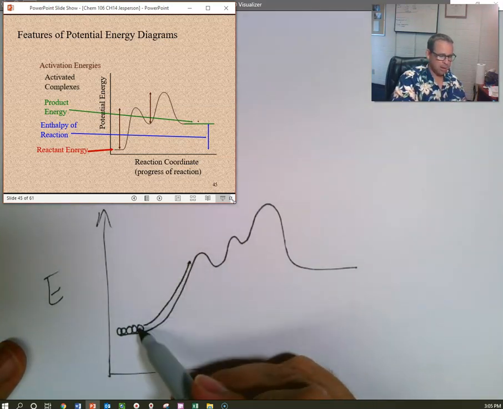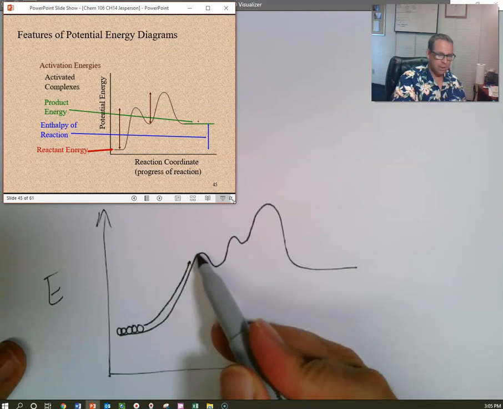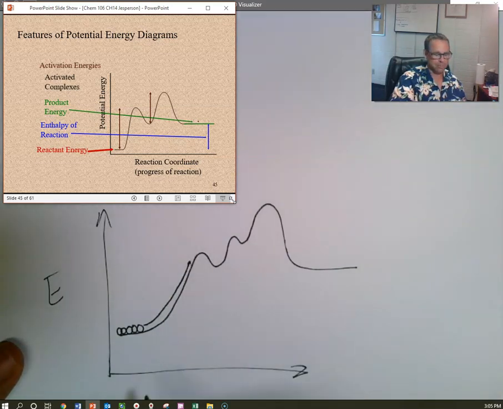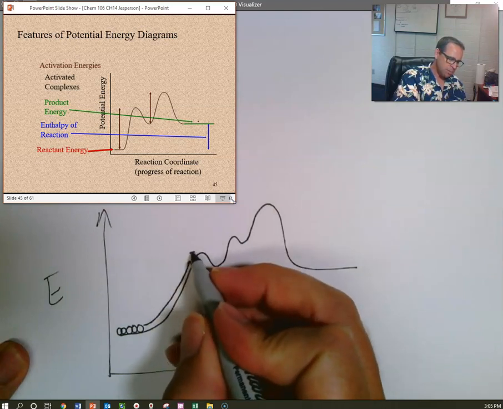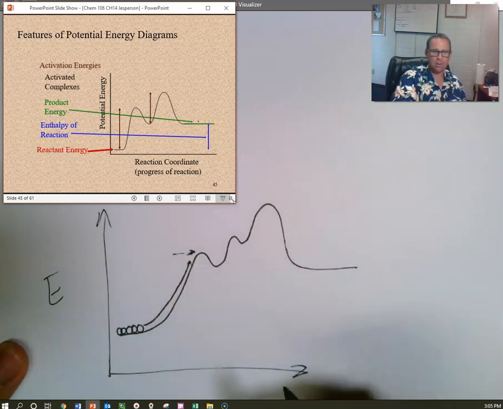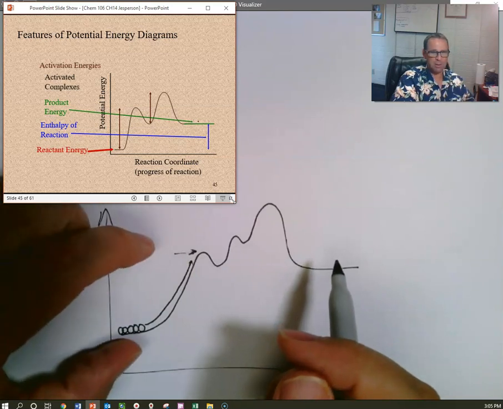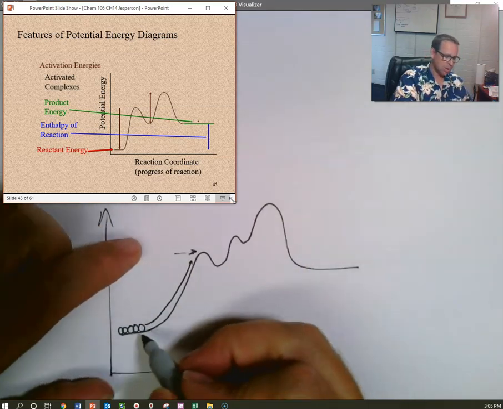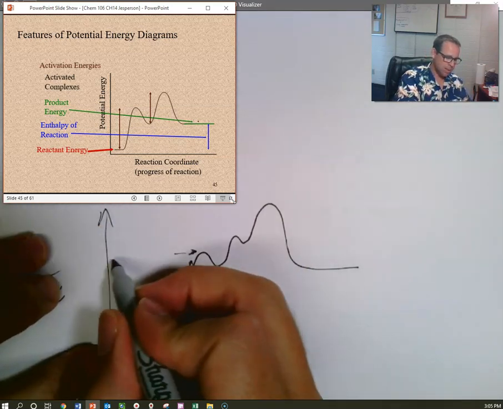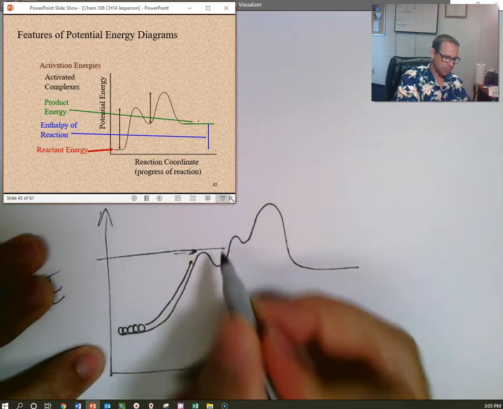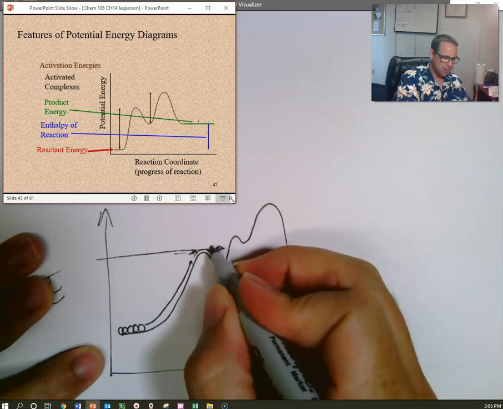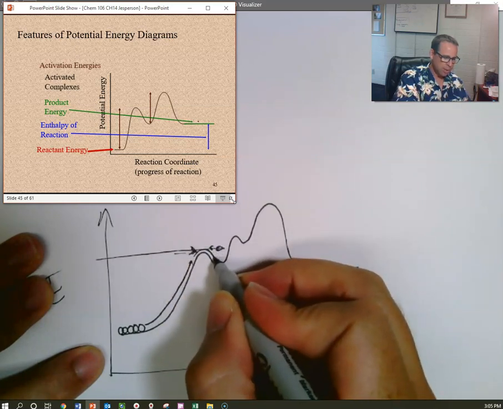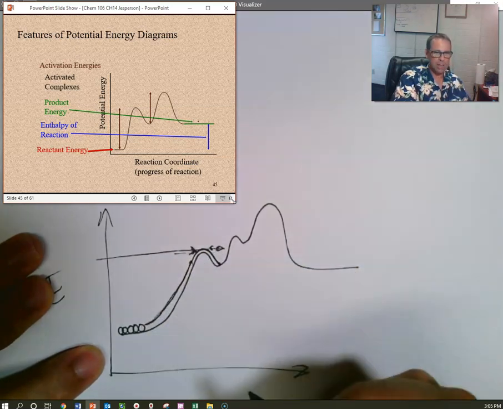But it'll fall back, right, if I don't give it enough energy to overcome that. If I give it enough energy to overcome this right there, that means I've given it this much energy. And so it has enough energy to get up to this point. So when it falls back down here, it still has enough energy to get up to this point. So it can come back again and roll back down.